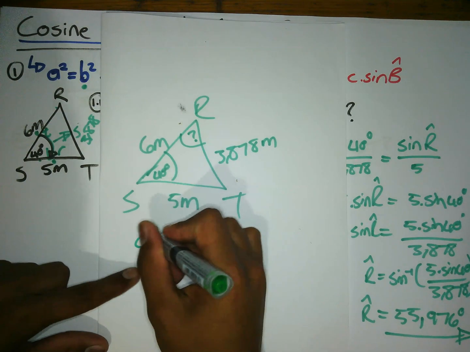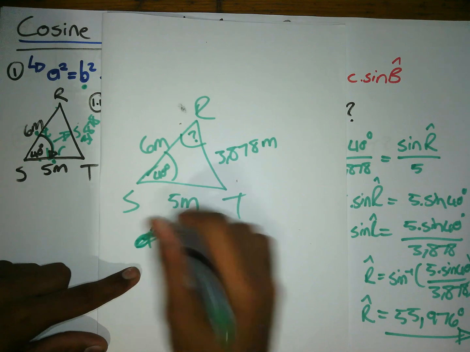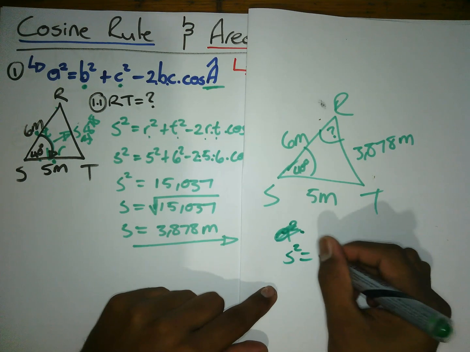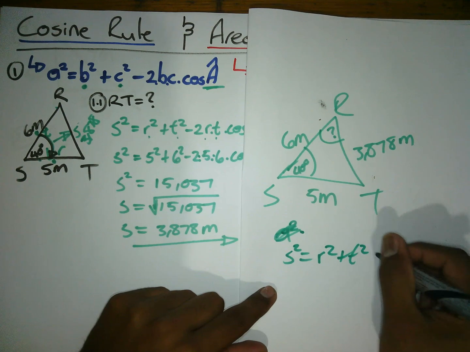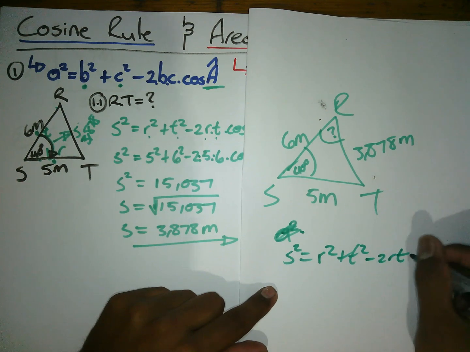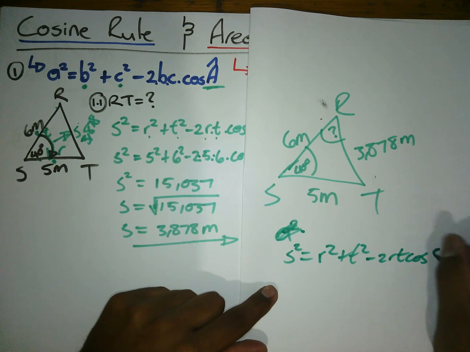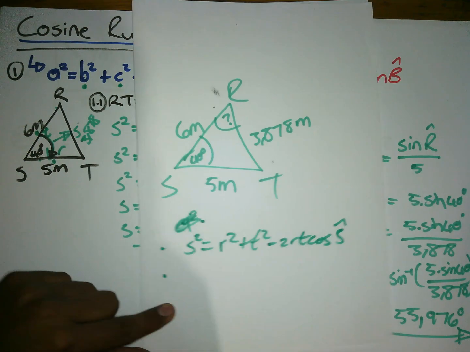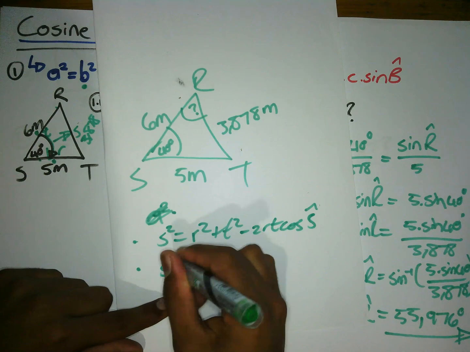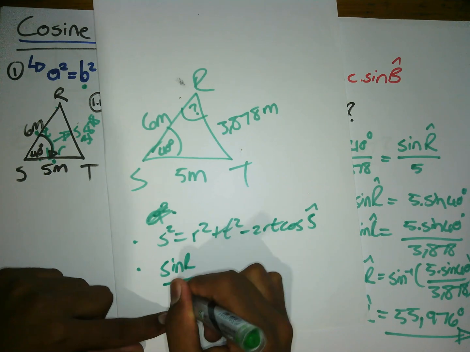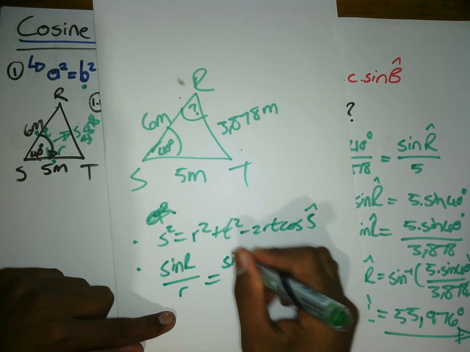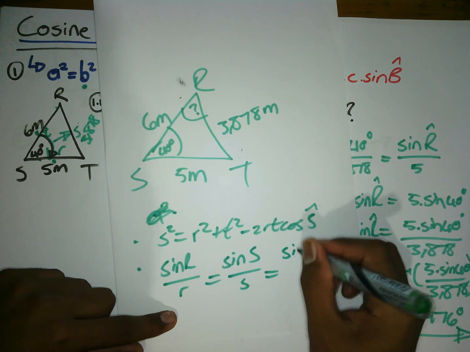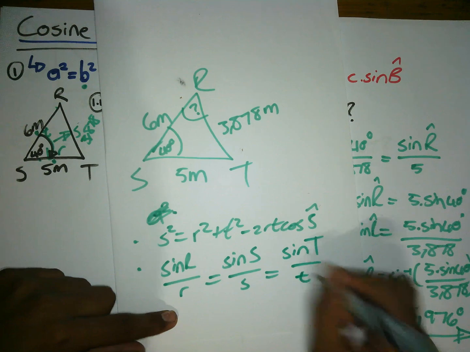Okay, let's use the formula we wrote down. The formula we wrote down was s squared equals r squared plus t squared minus 2rt cos of angle s. This is our cosine rule. For sine rule, we have sine angle r over small r, sine s over small s, sin t over small t.